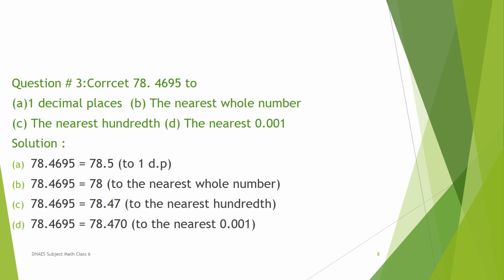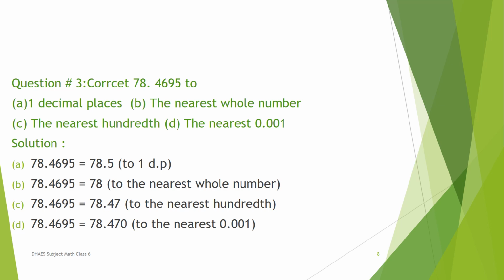In part B, if you want to write the nearest whole number, we see 78.4695, after the point we have a value that is lower than 5, so we consider 78, that is the nearest whole number.